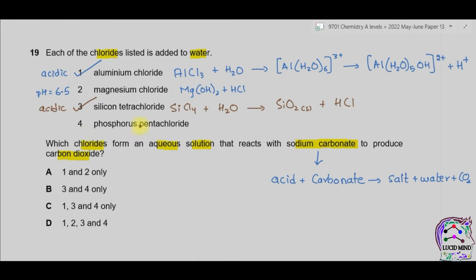Then the fourth one is phosphorus pentachloride, PCl5, in water. It forms H3PO4 along with the formation of HCl. So this is acidic, so it will also release CO2 from carbonate. So 1, 3 and 4 are correct. So therefore the answer should be C.